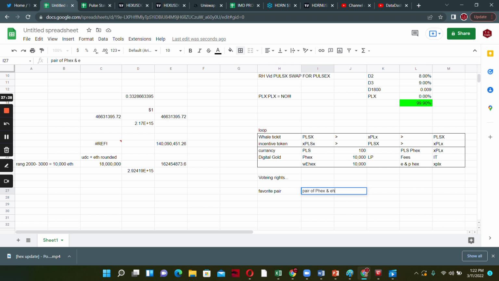Now, what have I done by voting for that pair? Well, let's say that everyone that puts up $1,000 of liquidity in each asset, we don't know what these numbers are like, but if you put $1,000 worth of liquidity in each asset, let's assume that immediately gets you 1% of the supply. I don't know what these numbers would be like. 1%.